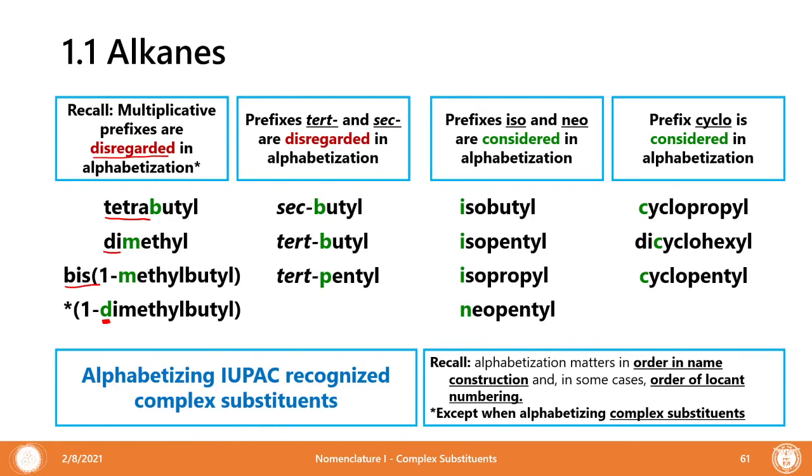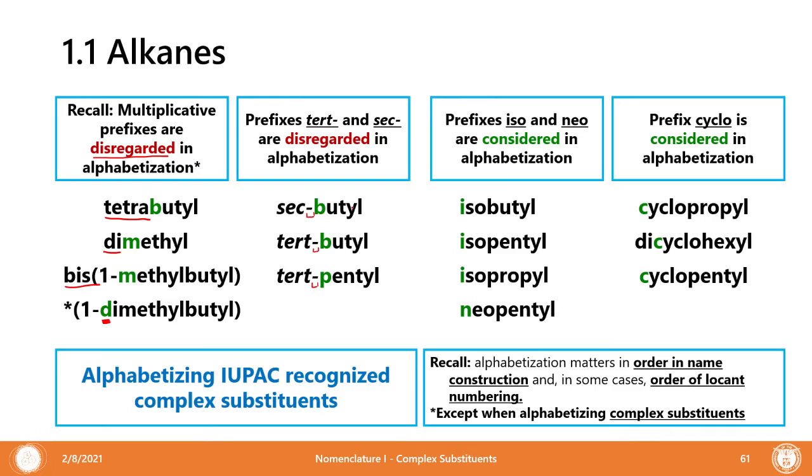Okay, the prefixes tert and sec are disregarded in alphabetization. I guess a simple clue to this is if there's a dash in the accepted substituent, and if it is a dash and it is in italics, like sec-butyl, tert-butyl, you should disregard that prefix for alphabetization.